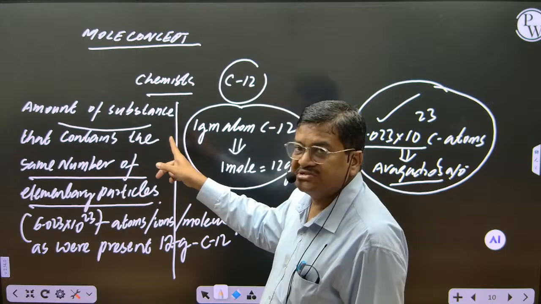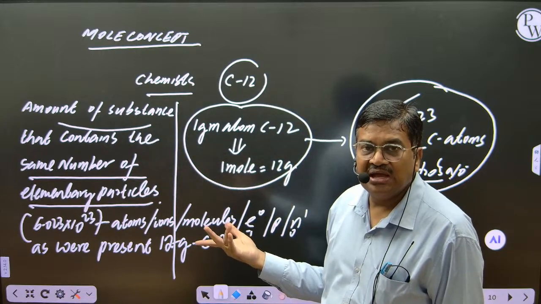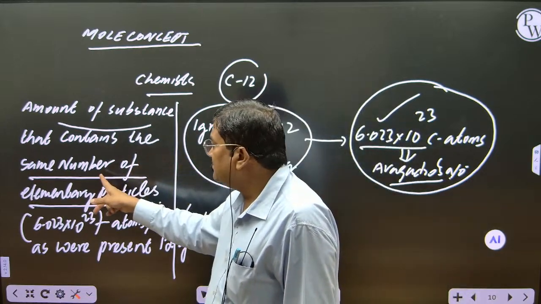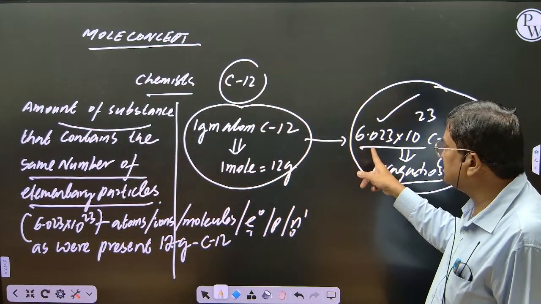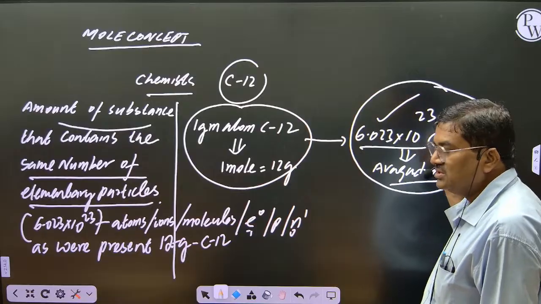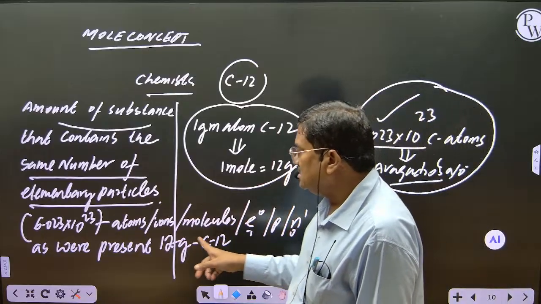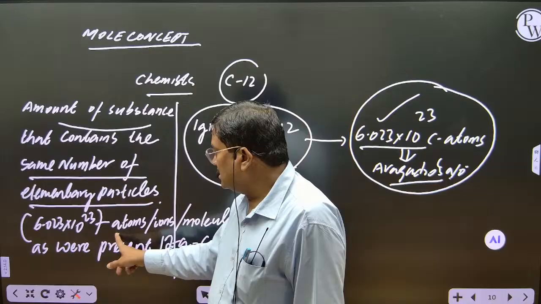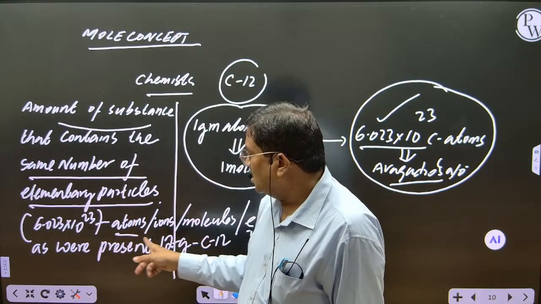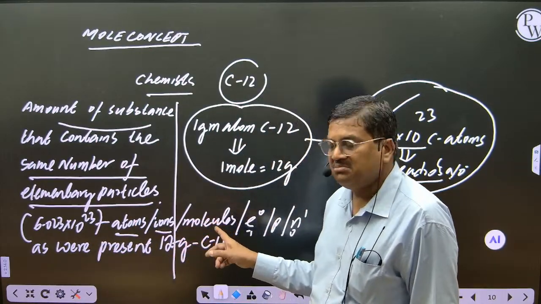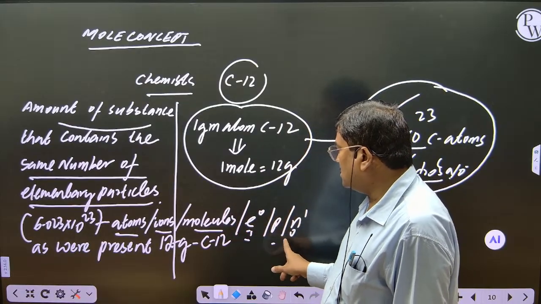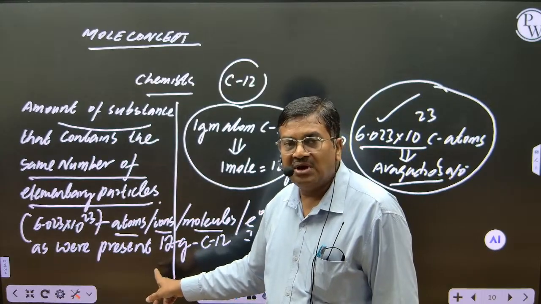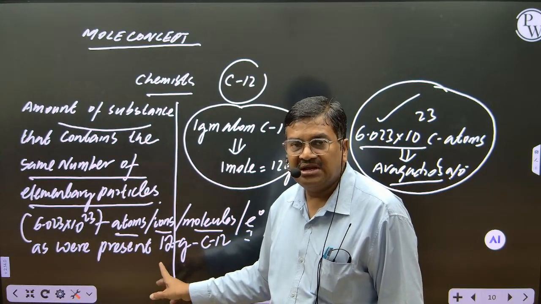The amount of substance which has the same number of elementary particles, 6.023 into 10 power 23 particles. That number can be taken in terms of atoms, ions, molecules, electrons, protons, or neutrons, as were present in 12 grams of carbon 12. That is 1 mole.